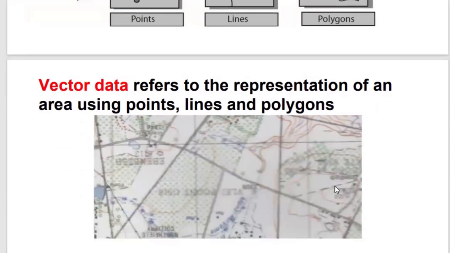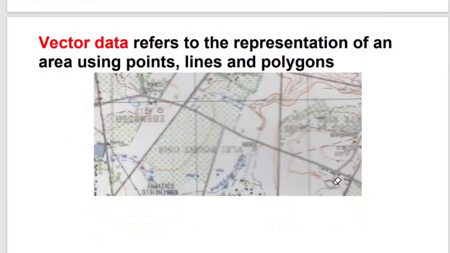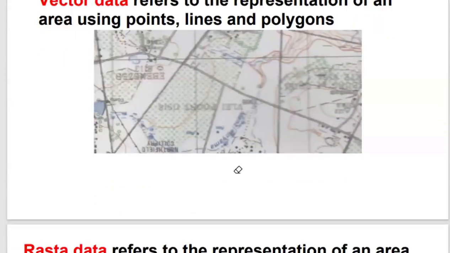Then vector data refers to presentation of an area using points, lines, polygons. The example that we have here is an extract from a topographic map. Unfortunately, the map is not very clear. If you want to figure out an area feature, you can see that there's cultivated land here, in the form of an area feature.